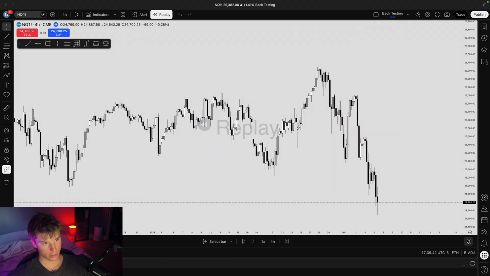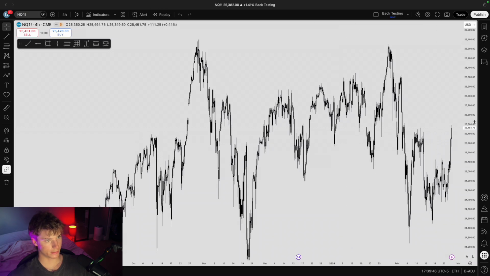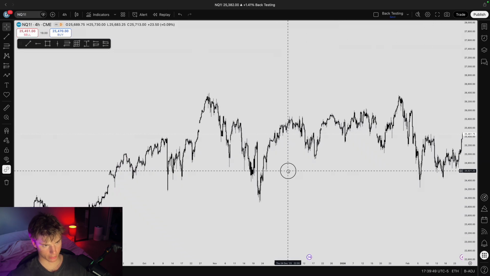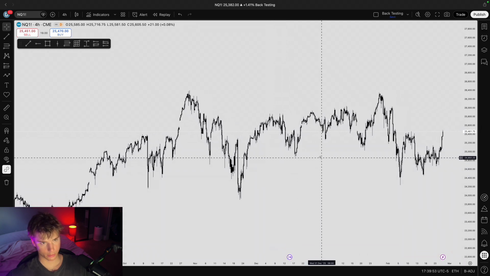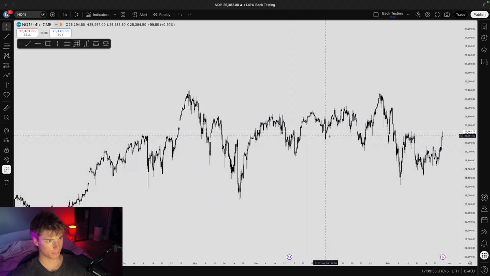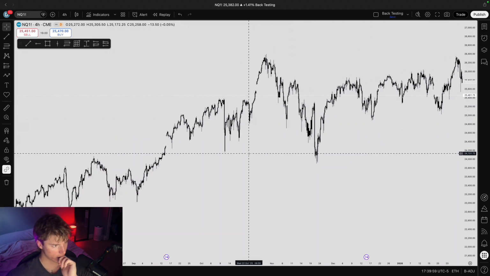Now let's find a bullish example on the 4-hour time frame. This is one right here, dealing range, bam. But let me find one that's way more clear for you.